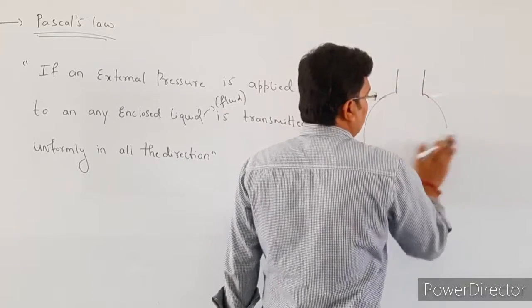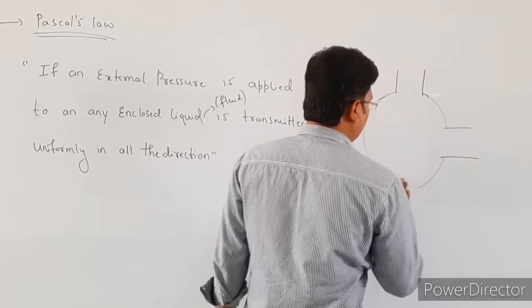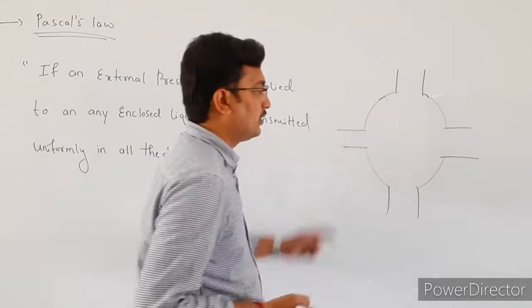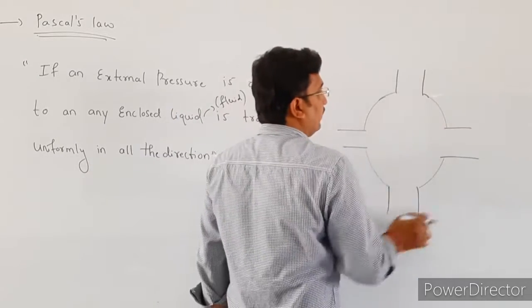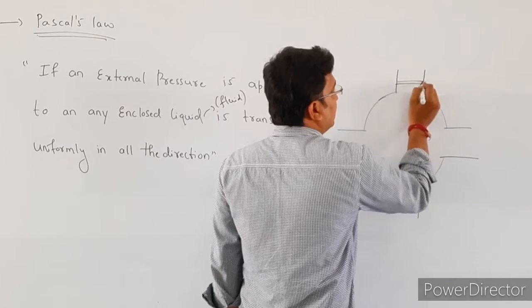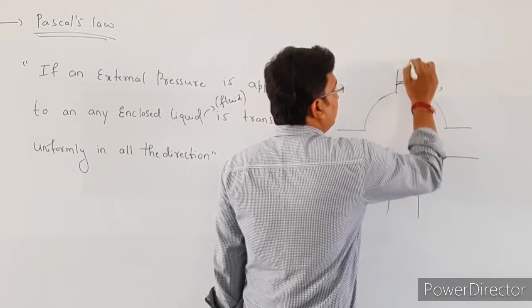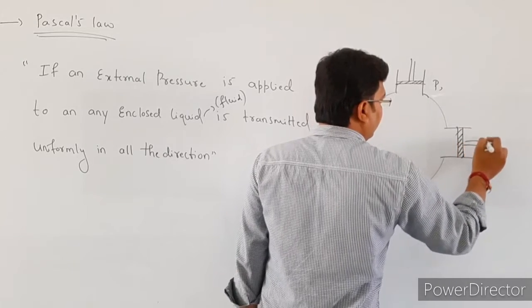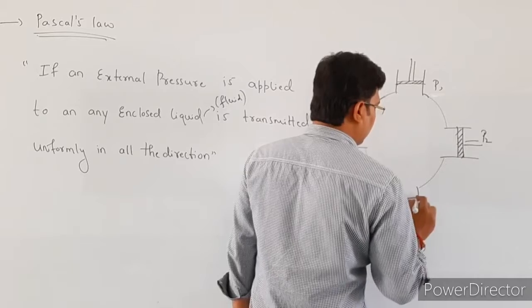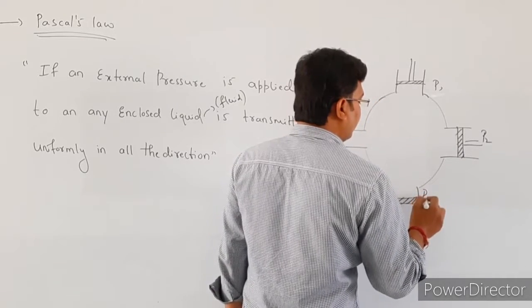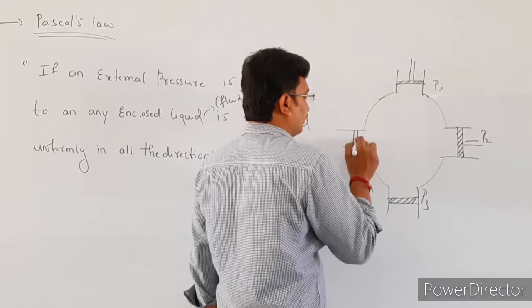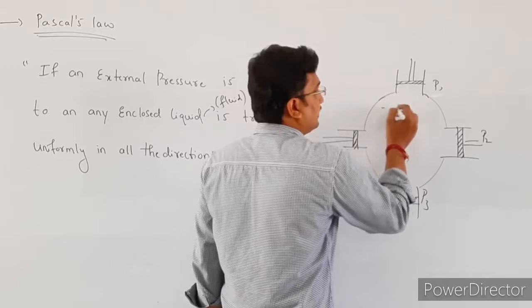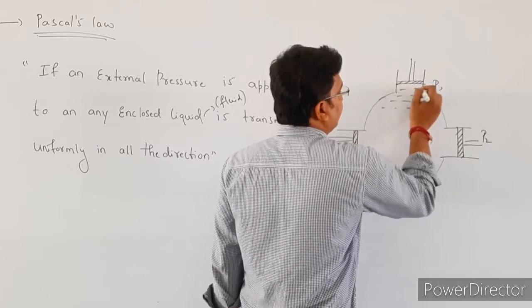This is piston P1, this is piston P2, this is piston P3 and this is piston P4, right? This vessel is filled with some liquid.